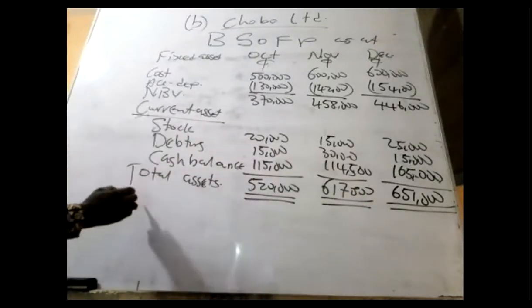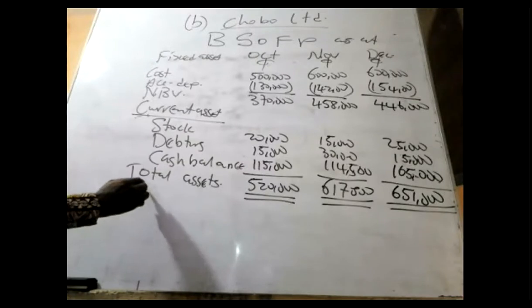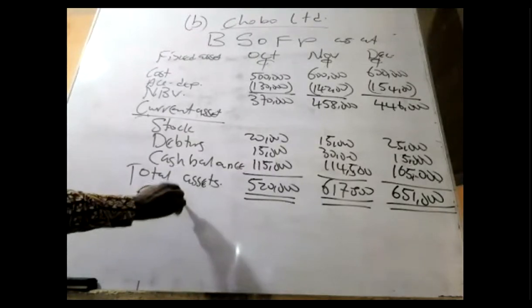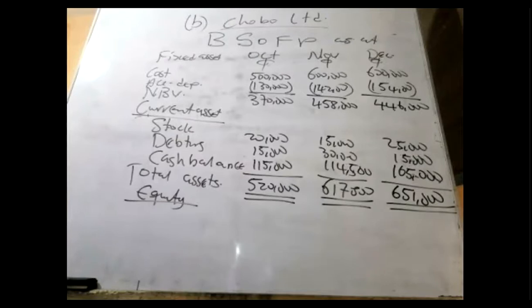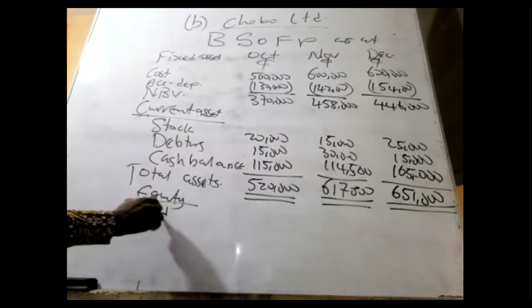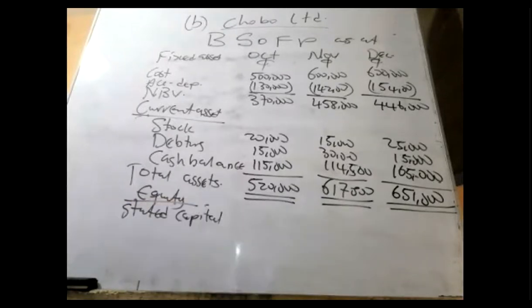You go to equity. In the equity section, you start with stated capital, also called capital employed. However, the opening balance will not be given to you.